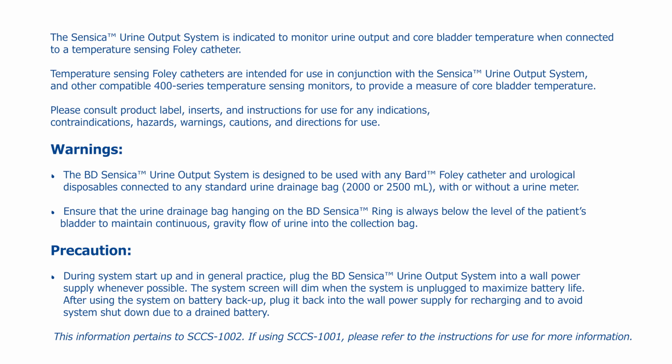Precaution. During system startup and in general practice, plug the BD Sensica urine output system into a wall power supply whenever possible. The system screen will dim when the system is unplugged to maximize battery life. After using the system on battery backup, plug it back into the wall power supply for recharging and to avoid system shutdown due to a drained battery.